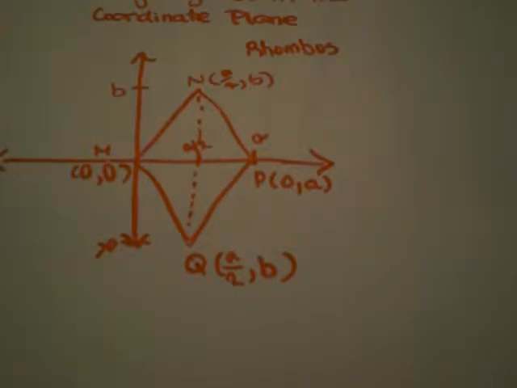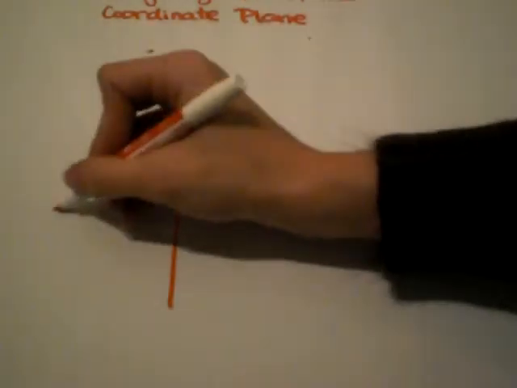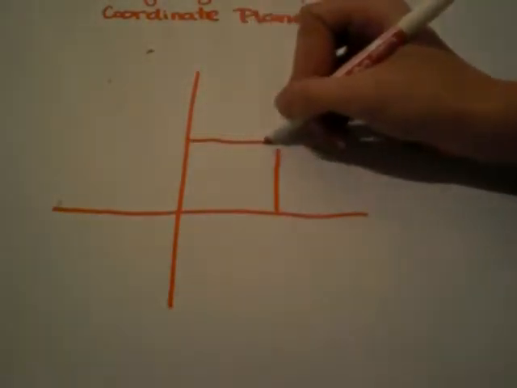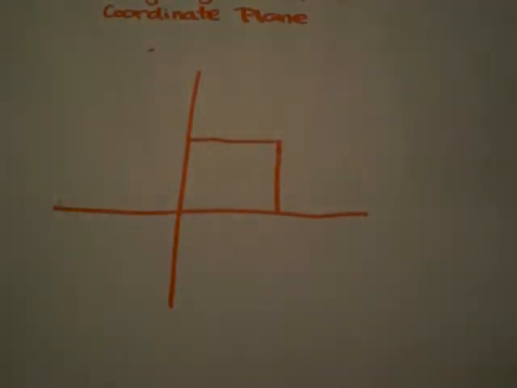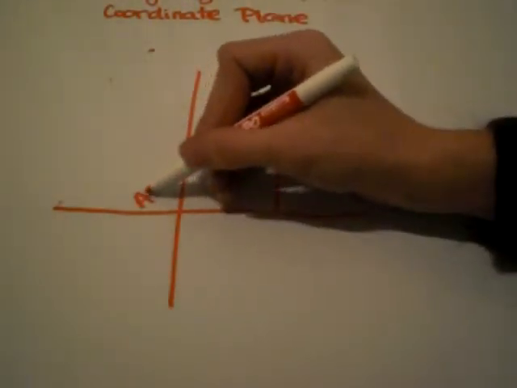Our next example is going to be a square. Okay, so we can get rid of this. And we have a square on our coordinate plane, all on the positive axis, and the corners are labeled A, B, C, and D. A is labeled as 0, 0.